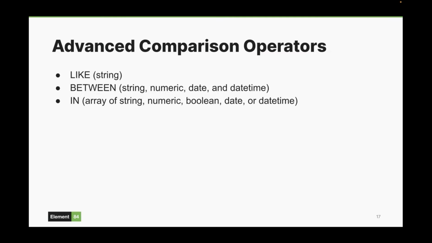The next conformance class is the advanced comparison operators, like between and in. Between and in can always be expressed by using a conjunction or a disjunction, an OR, with a series of greater than or less than comparisons.